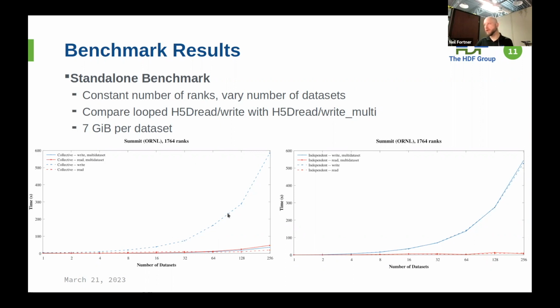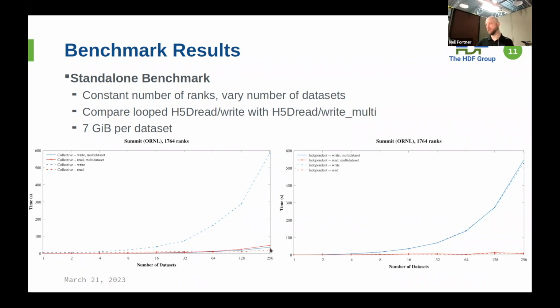But the read actually works pretty well in this case. When you switch to multi-dataset, you'll see that it drops at the high end from 600 to about 40. So that's more than an order of magnitude speedup for the write by enabling collective IO instead of just looping.